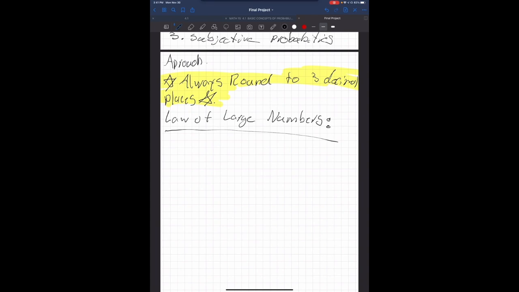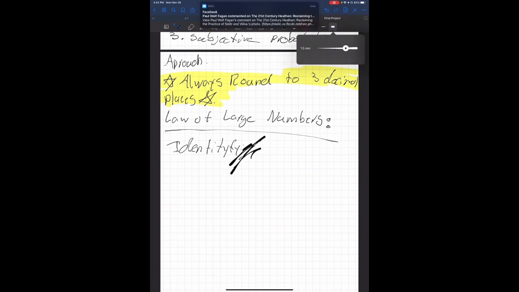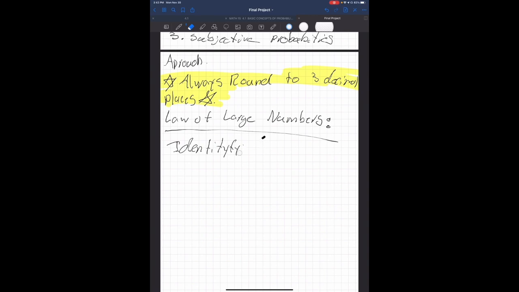Identifying significant results with probabilities is when the value is extreme, we can assign it to incorrect or correct probability.